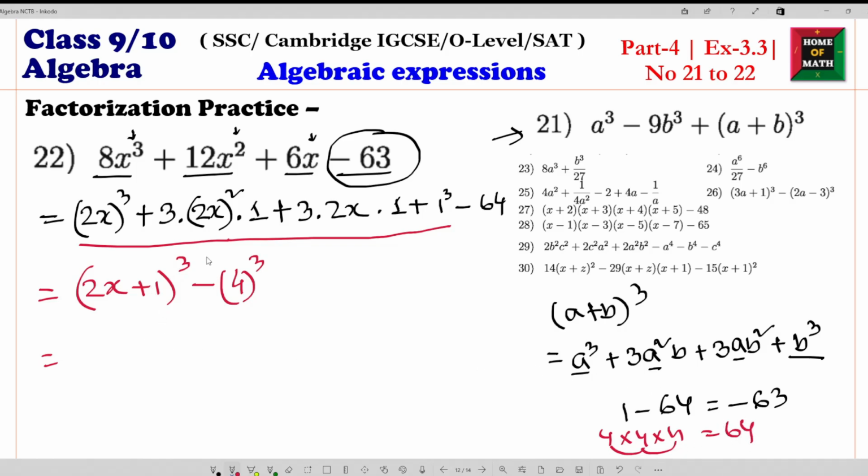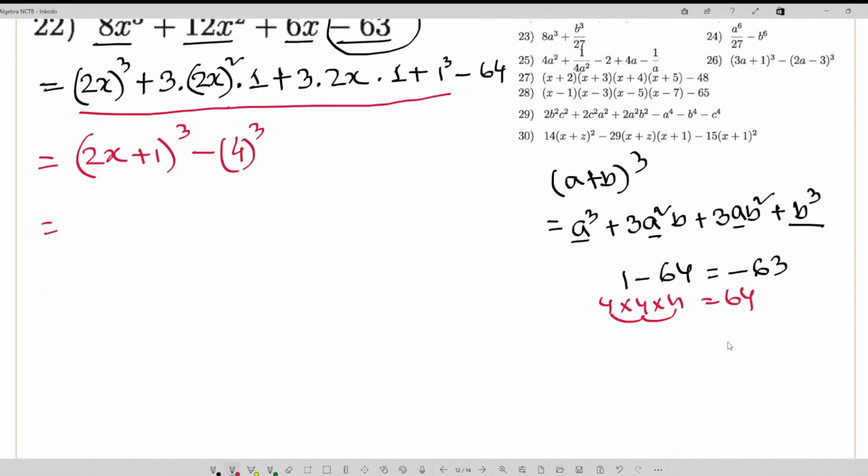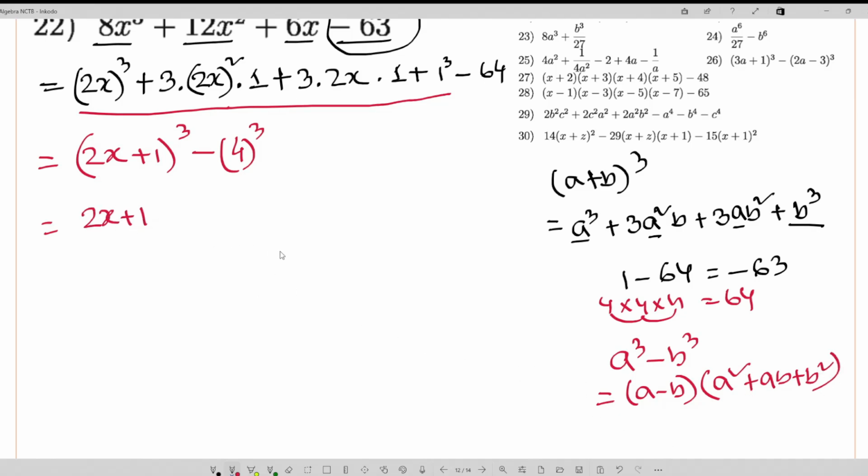So it's also looking like a cube minus b cube. So again we can write a cube minus b cube, it means (a minus b) times (a square plus ab plus b square). So similarly, a means 2x plus 1, minus b, it means minus 4, then close bracket.